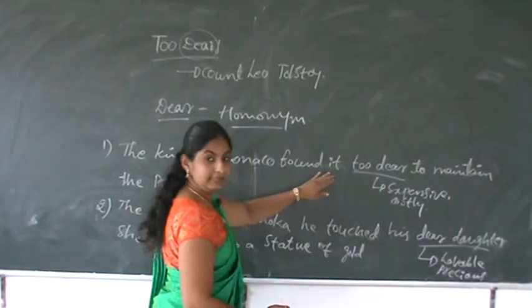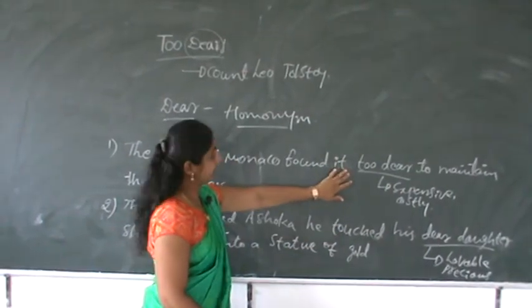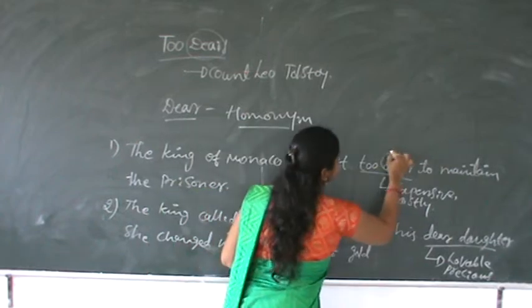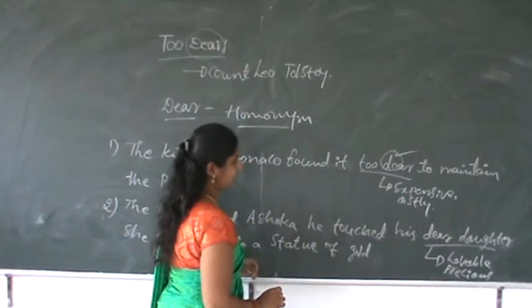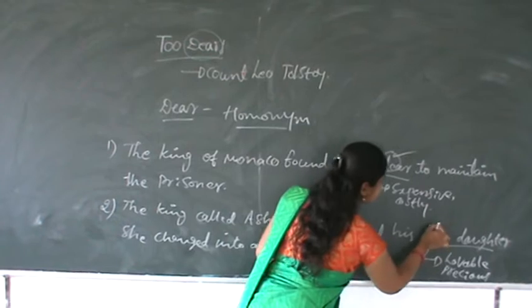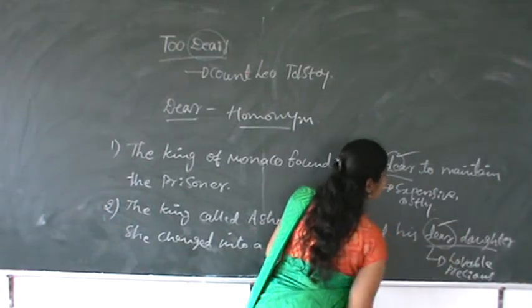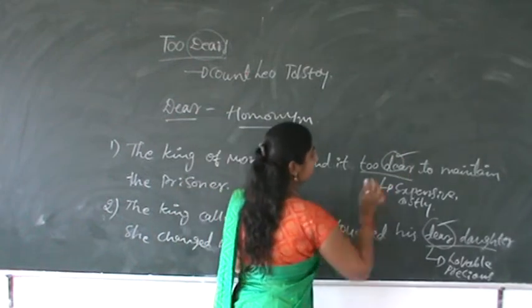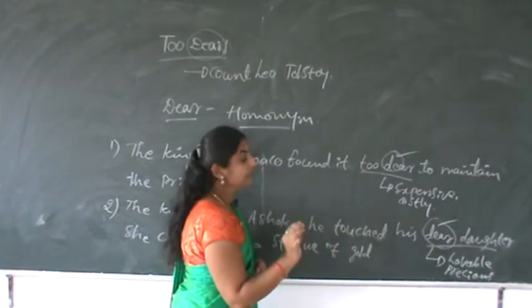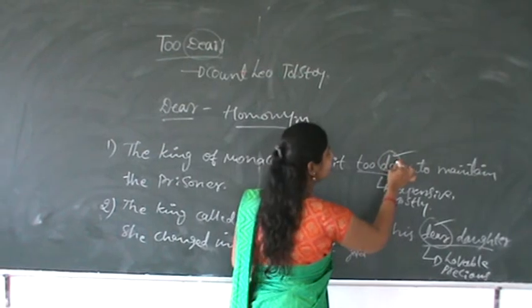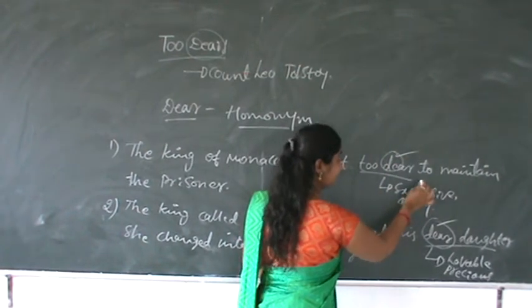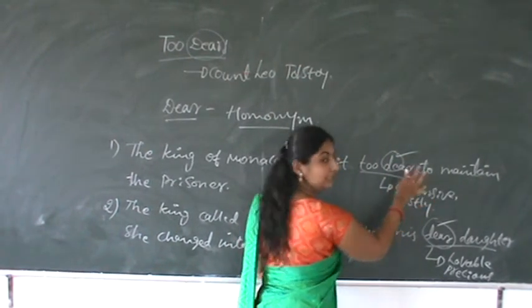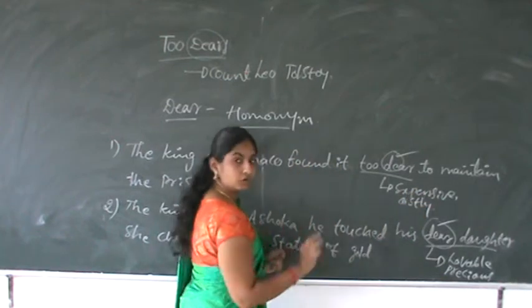See, what can we identify here? Here we can identify the word dear, the same word, the same spelling. And in the second example, again we can find the same word dear. The only difference is that we can see different meanings. In the first sentence, dear means expensive or costly.